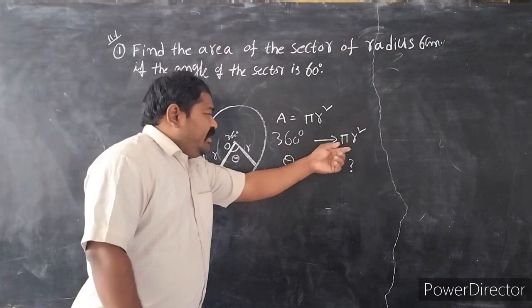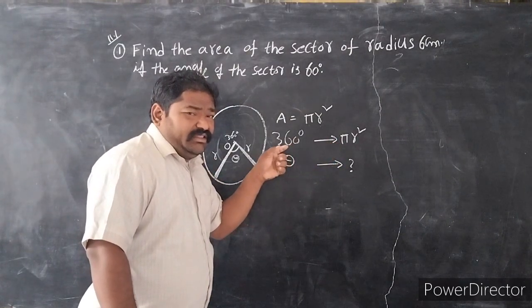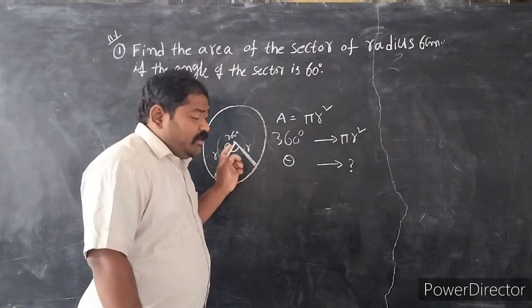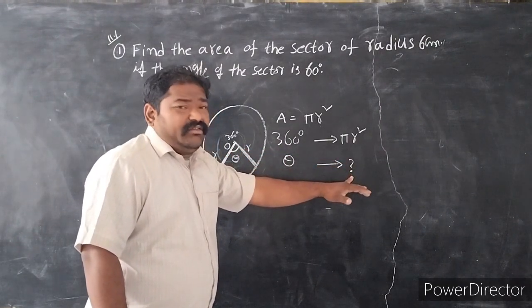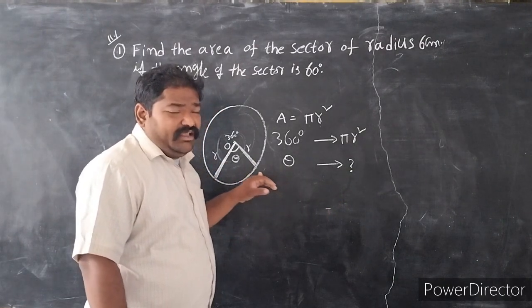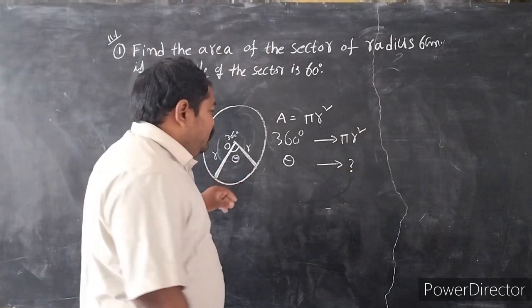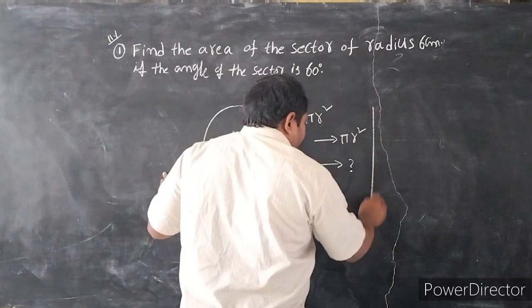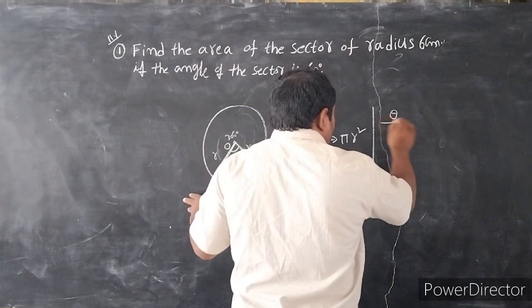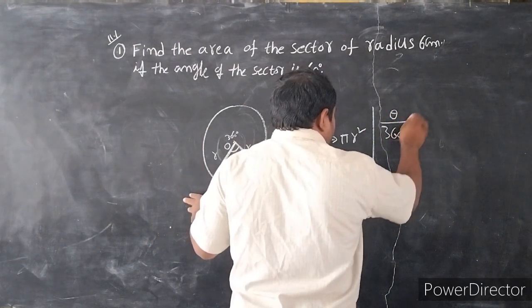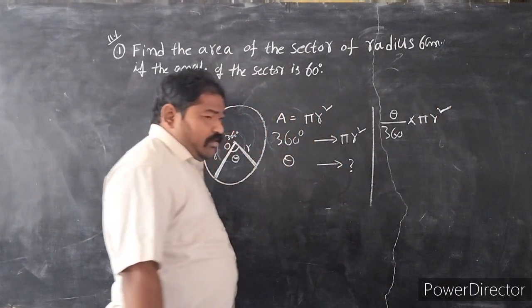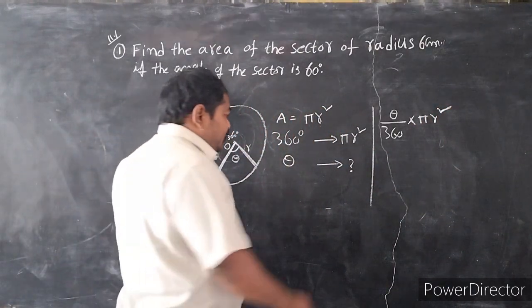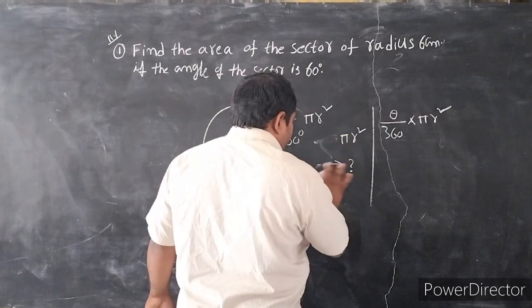Okay, this is the area of the circle making an angle 360 degrees at the center. But here we have to calculate the area of the sector making an angle of theta at the center. Okay, the formula is theta by 360 into pi r square. This is direct proportion, right?